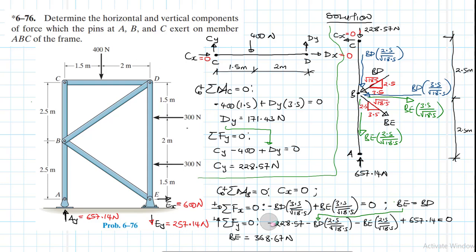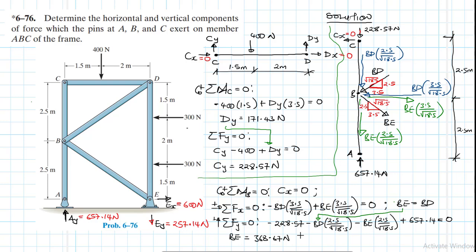Come on, I'm getting a different answer. Sorry about that, where did I go wrong? Minus 228.57 plus 657.14 divided by 5 divided by root of 18.5. Okay, so this one is equal to 368.67.